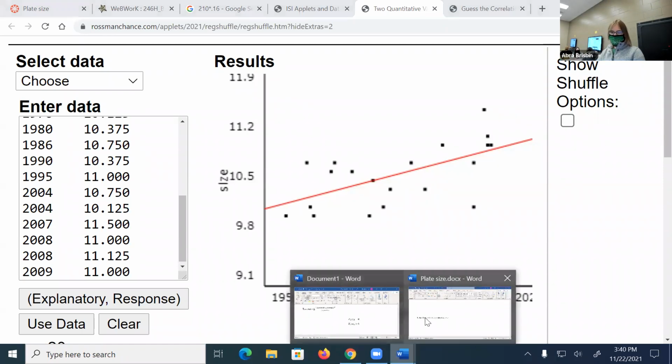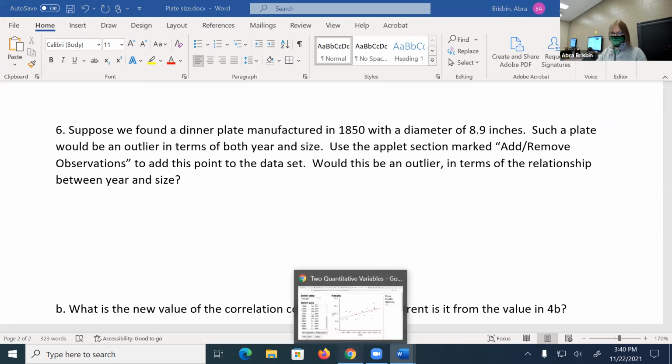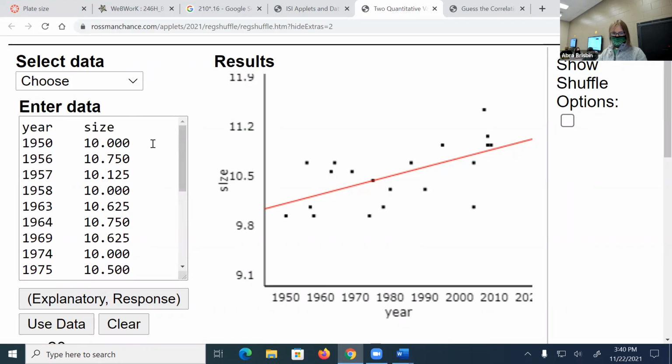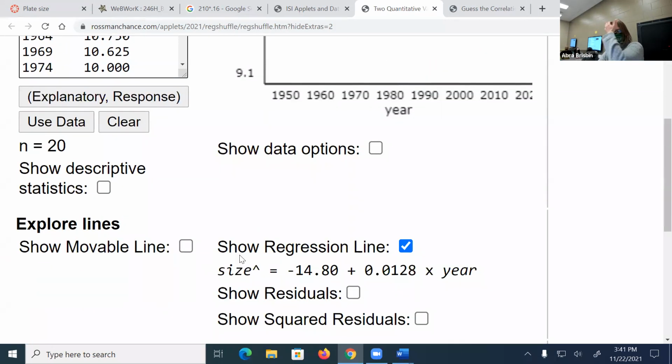Now, if we add a dinner plate manufactured in 1850 with a diameter of 8.9 inches. All right.